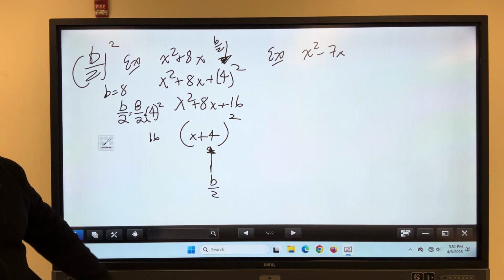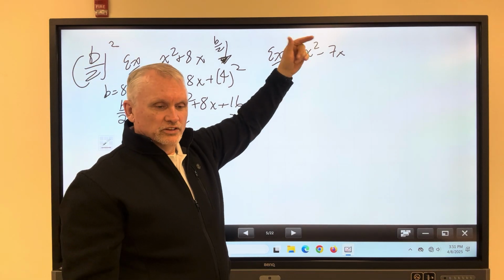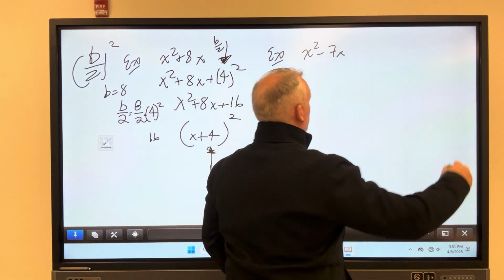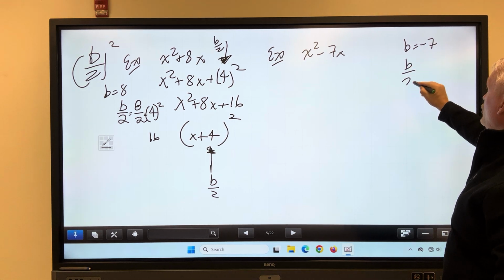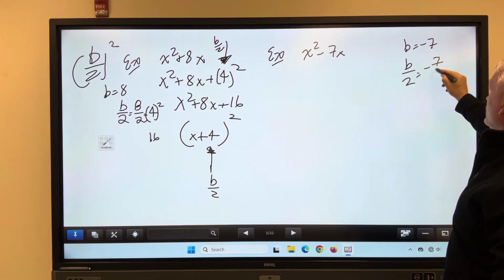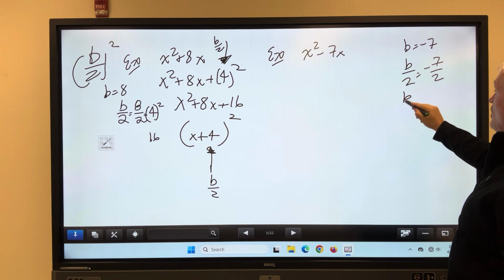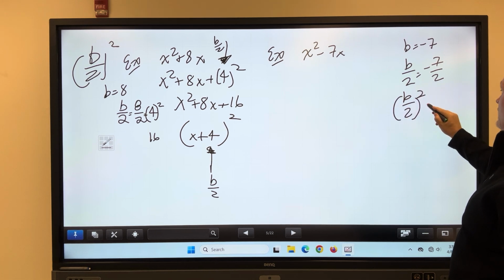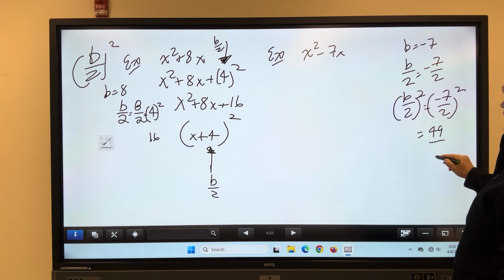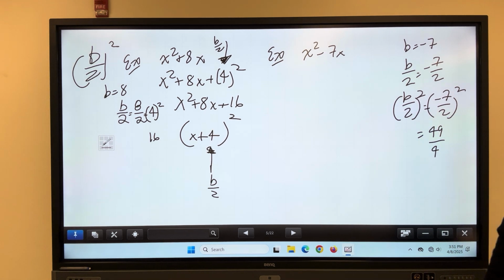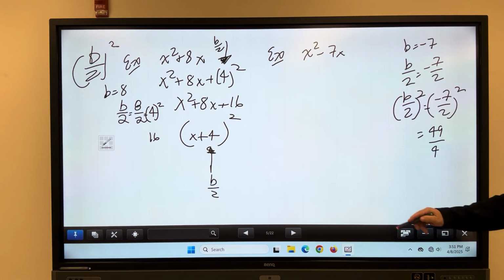Let's try this. What is my b? Follow signs. My b is negative 7. So b over 2 is negative 7 over 2. b over 2 squared is negative 7 over 2 squared, or 49 fourths. Well, let's put it in here.